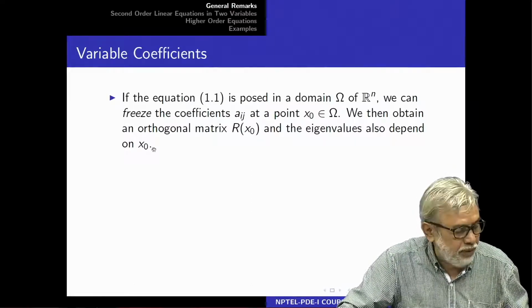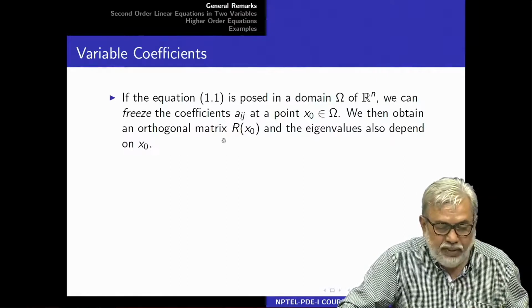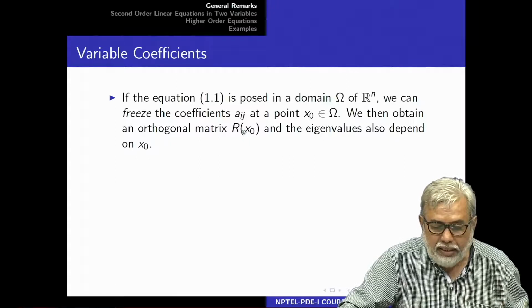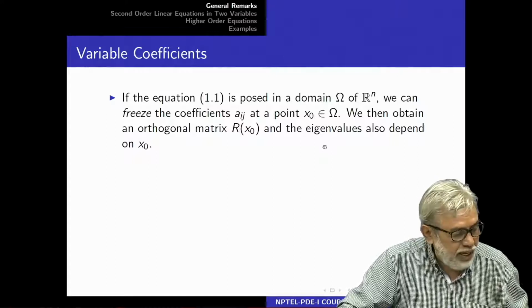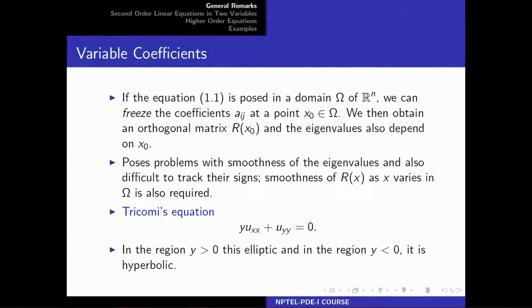And since we are dealing with partial differential equations, it is not enough that we get these matrix valued functions R of x, and the eigenvalues depending on the variable x, but we also need some smoothness of the eigenvalues and also of the rotation matrix R of x, and these are difficult questions and not dealt with in a typical course on linear algebra.